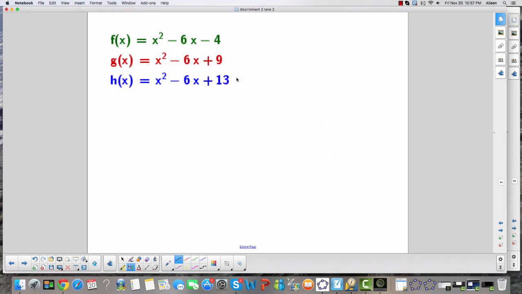These were the 3 equations. On this one, b squared minus 4ac was equal to 52, and we had 2 real distinct roots.